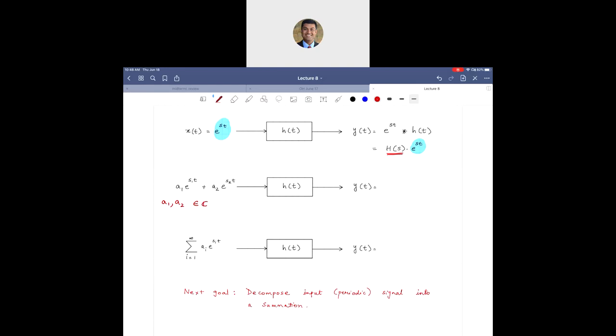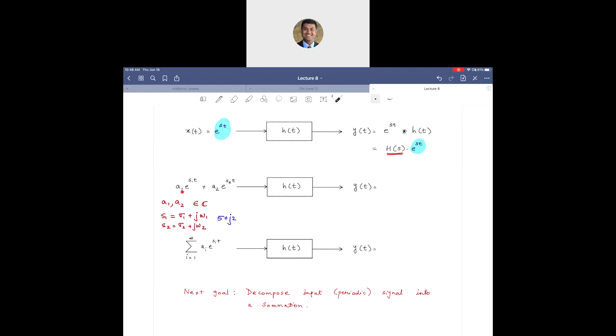Now if you have A1 multiplied by e to the s1 t, where you can say s1 equals sigma 1 plus j omega 1, and s2 can be defined as sigma 2 plus j omega 2. Think of it as 5 plus j2, something like that.